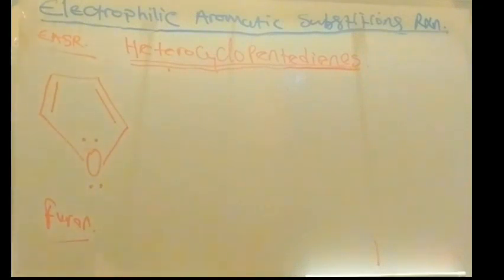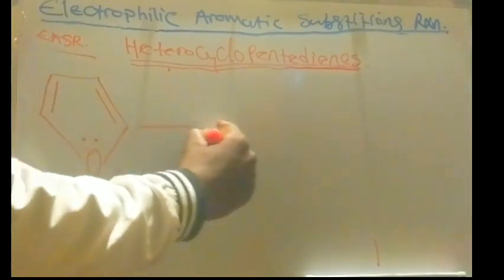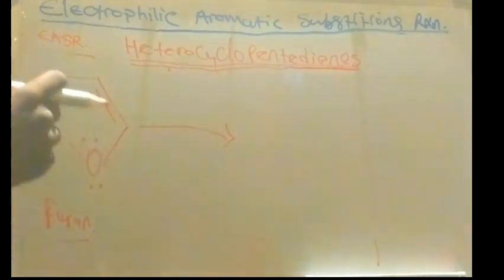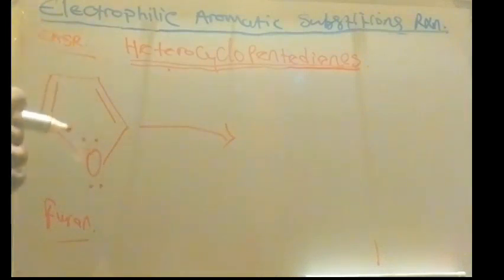Okay, so these are aromatic compounds, that means they obey the aromatic criteria. So if we were to do an electrophilic aromatic substitution reaction, we would observe the 3 steps. So we would want an electrophile generation, an electrophilic attack, and to restore aromaticity, because these are aromatic compounds.